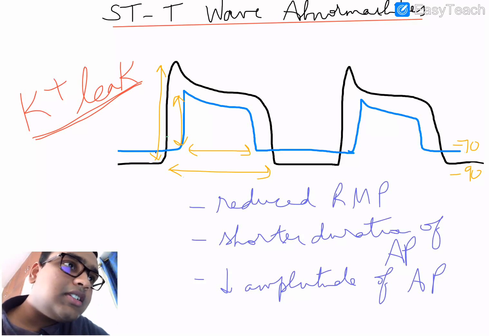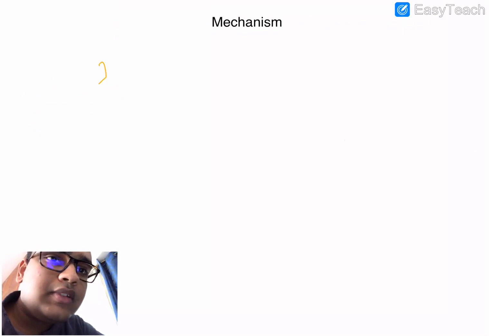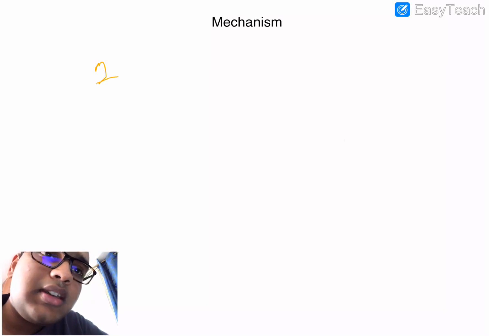Because of all these, there are certain changes which happen in the ECG. First, let's look at how those changes occur. To explain these changes in ECG in MI, two theories have been put forth.